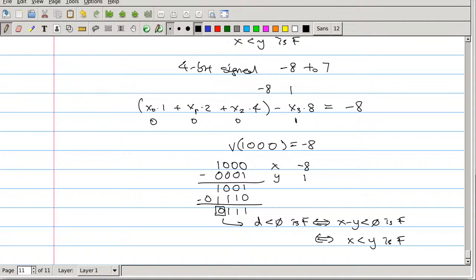So can anyone remember why this kind of math does not work? You have a number wheel, right? -8 is over here, and this line is representing the negative side versus the non-negative side of the number wheel. This -8 turns out to be the last value that is negative.